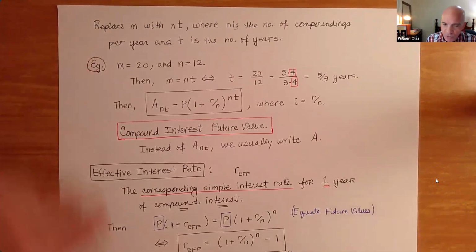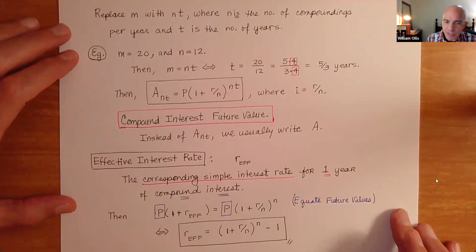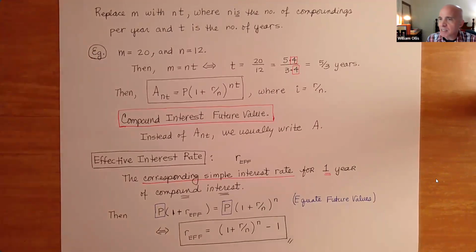Now, what I want to state is something that comes up in finance, and you will see this in your text. It is interesting, but certainly not something that you see every time you talk about financial models. But of course, if you end up studying more finance, you will see this again. But what we might be interested in is, if we are compounding interest, what would be the corresponding simple interest rate?